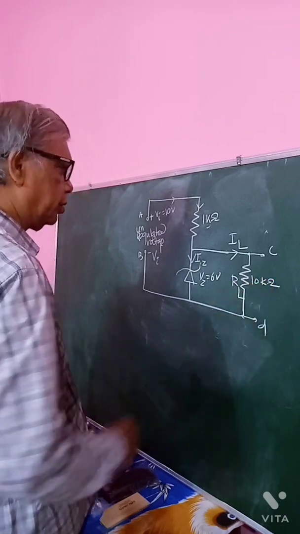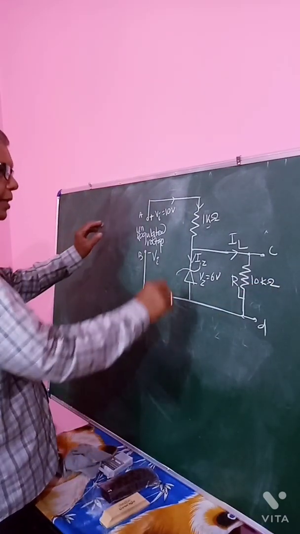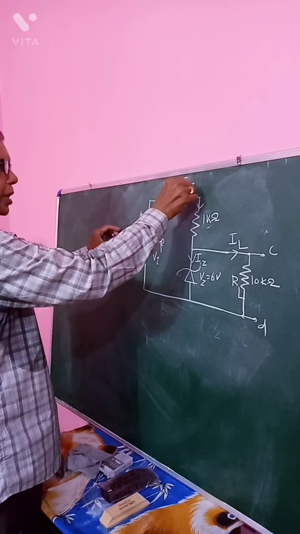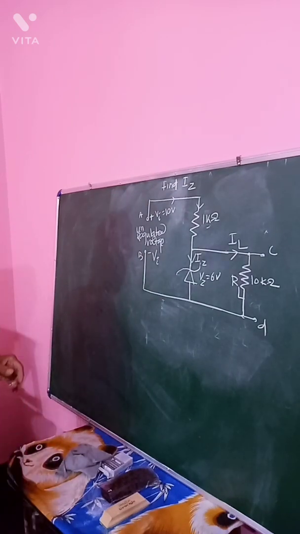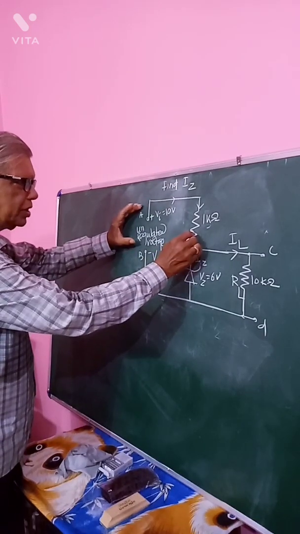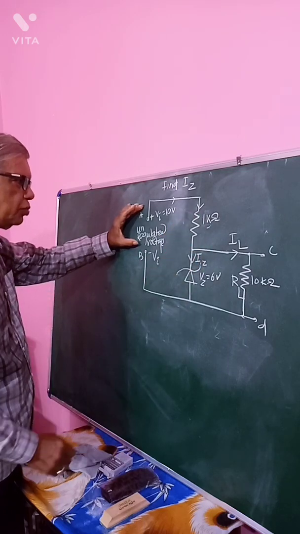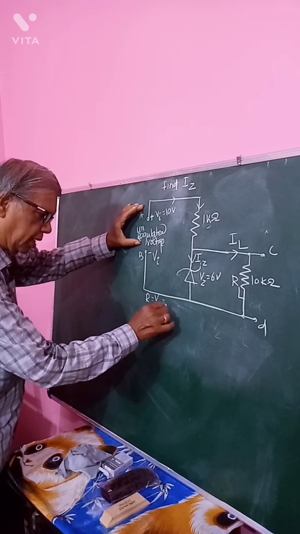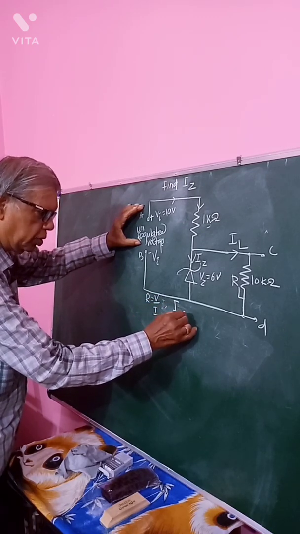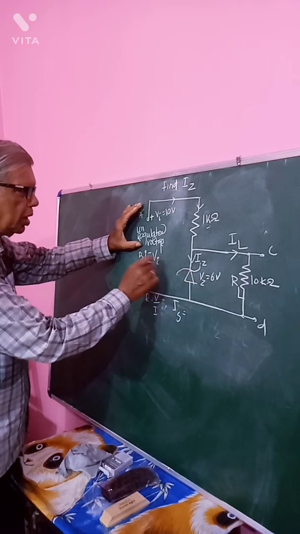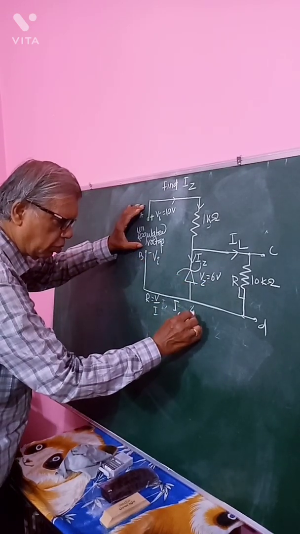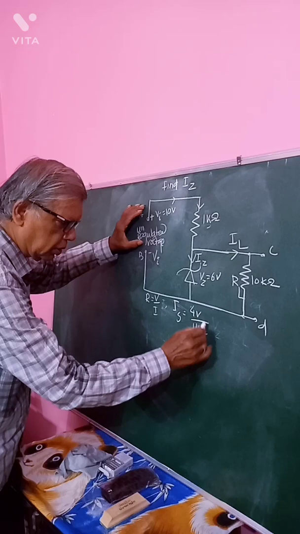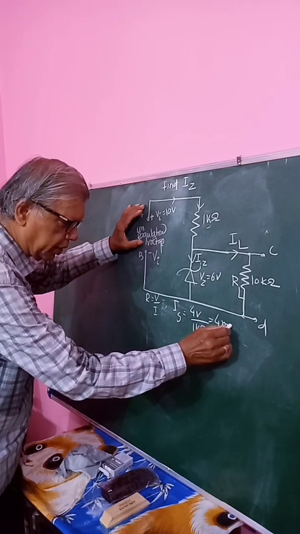You have to find out the value of Iz. How to solve it? Now, the current Is through the series resistor, that is 1 kilo ohm, as you know, R equals V by I. The current Is equals the net potential, 10 minus 6, 4 volt, divided by the series resistance 1 kilo ohm. This is equal to 4 milliampere.